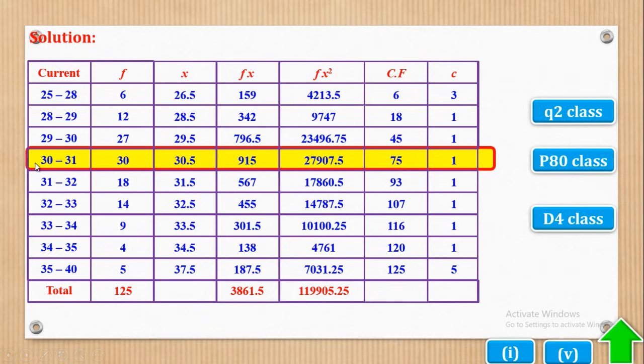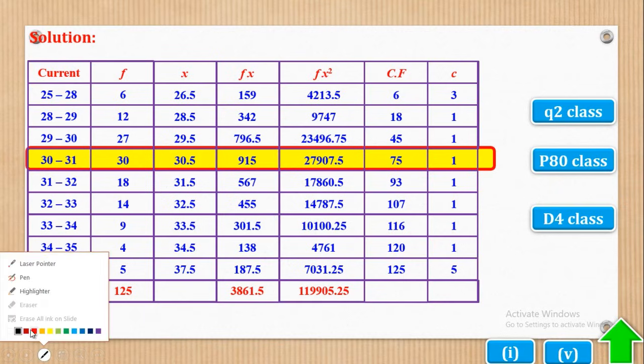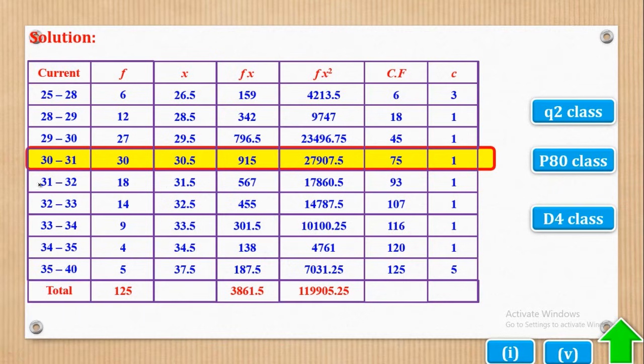So this is what we call the median class, and it helps us so much to get our value of the median. So remember, the formula requires the lower class boundary of the median class, and that will be 30, because remember this one is the column for class boundary. Then it requires the frequency of the median class, and that is 30. Then it also requires the cumulative frequency before the median class, and that is 45.